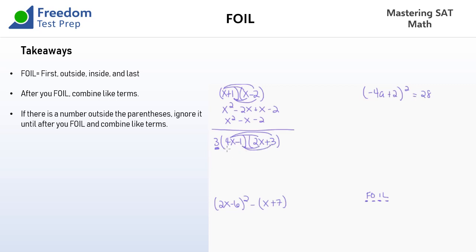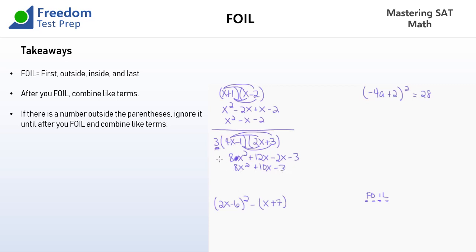And here we go. 4x times 2x is 8x squared. 4x times 3 is 12x. -1 times 2x is -2x, and -1 times 3 is -3. And then we combine like terms. We've got 8x squared, and we've got plus 12x minus 2x is plus 10x minus 3.